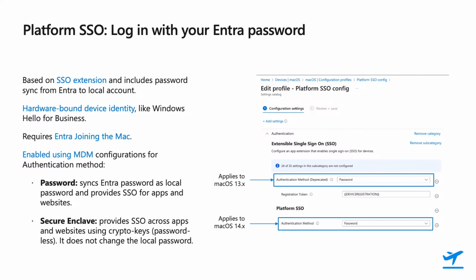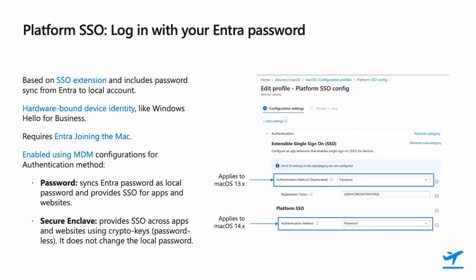And Secure Enclave is a different mode of Platform SSO that allows your end users to benefit from the Platform SSO single sign-on characteristics across the mobile apps, across the Mac apps, but does so without synchronizing the password down to your Macs. So if you are dealing with passwordless auth and you have really long passwords in Entra ID, then that allows you to deal with that scenario.